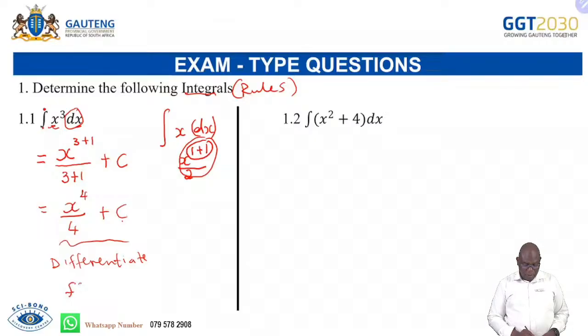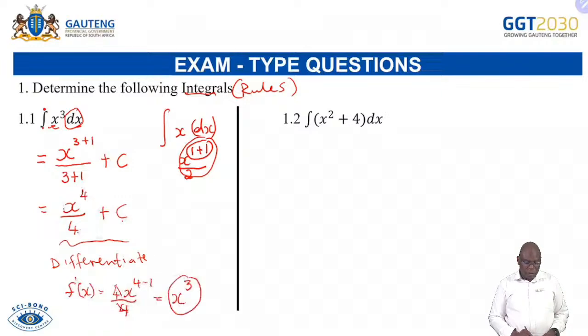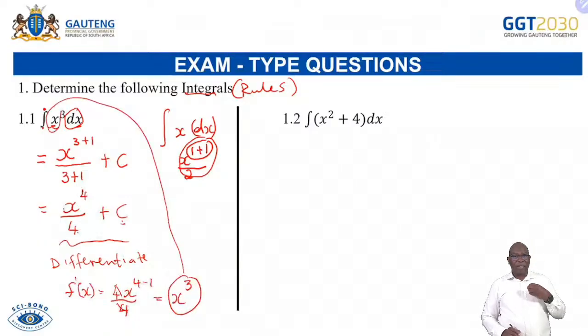The 4 goes to the front, so it will be 4x, then I subtract 1 from the exponent, 4 minus 1, and then divide this by 4. The 4 and the 4 cancel, and I'm left with x to the power 3. Remember, the differentiation of a constant is 0. That will be the same as what we have there. So integration is just the reverse of differential calculus.